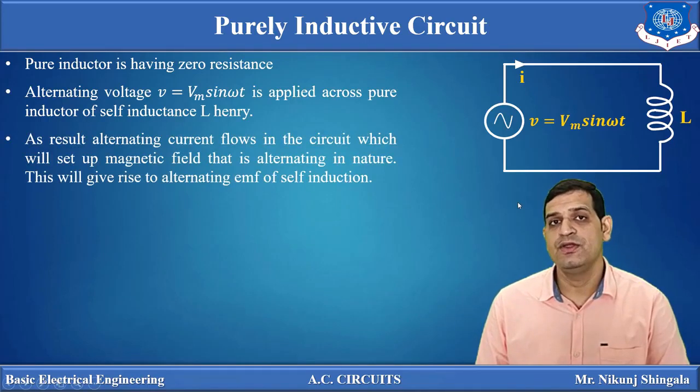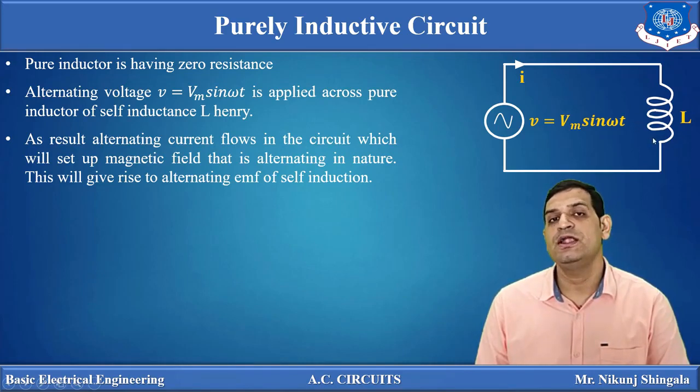As a result, alternating current will start to flow in the circuit, which will set up an alternating or varying magnetic field in the coil or in the inductor, and this will give rise to the alternating EMF of self induction.